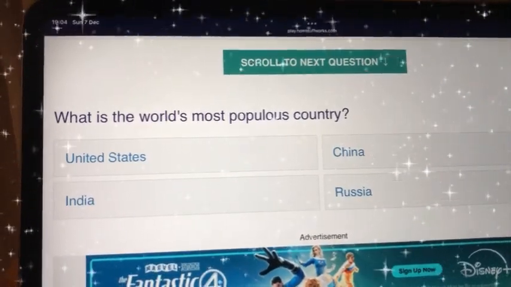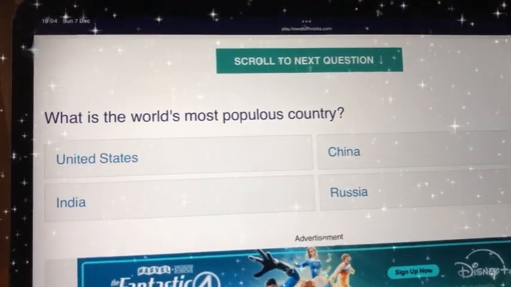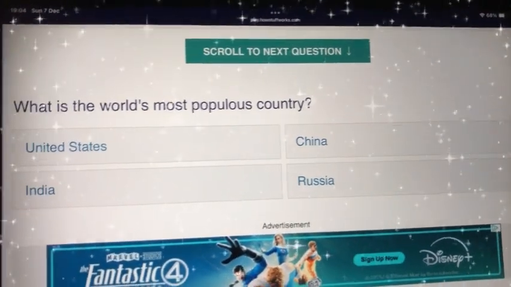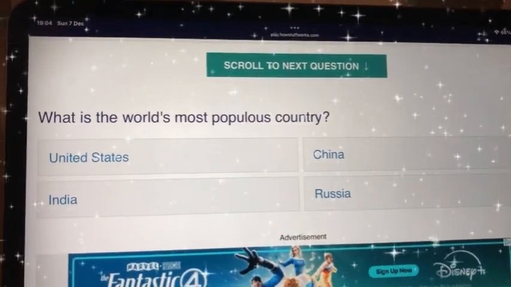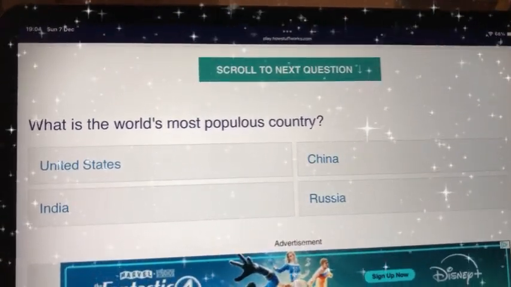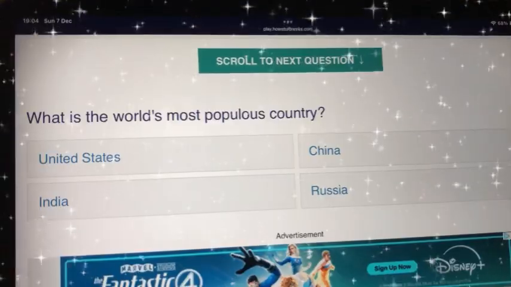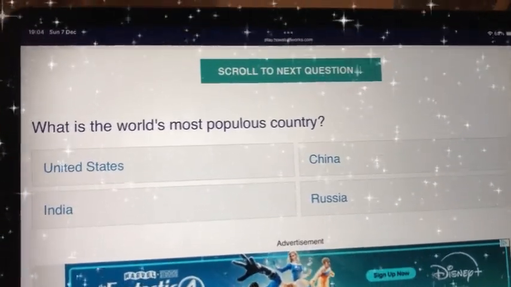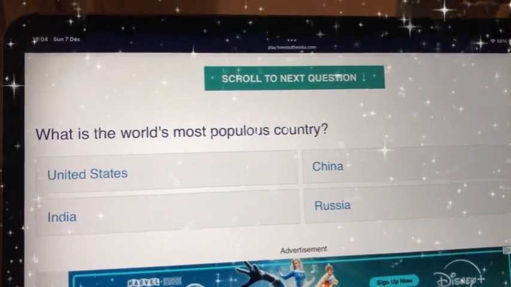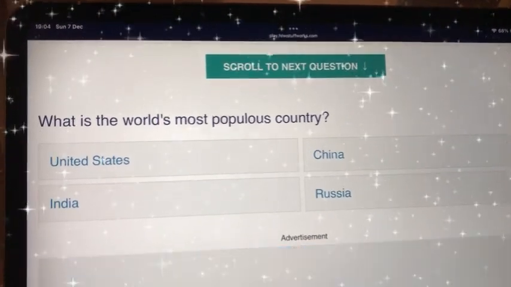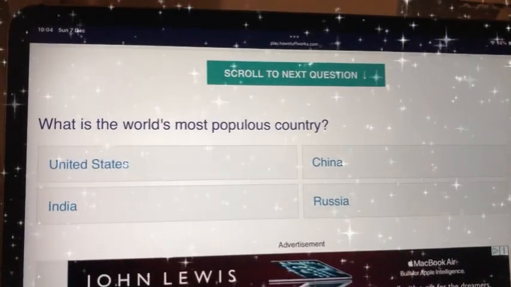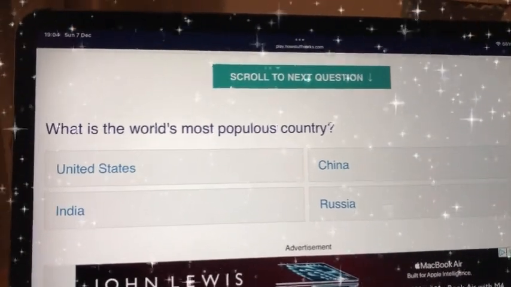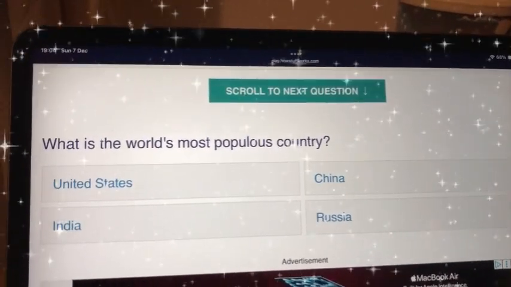What is the world's most populous country? United States, India, China, or Russia? Right. So population. It's a process of elimination, isn't it? So the only two that stick out for me there are India and China. I know it's not Russia, and I know it's not the United States.